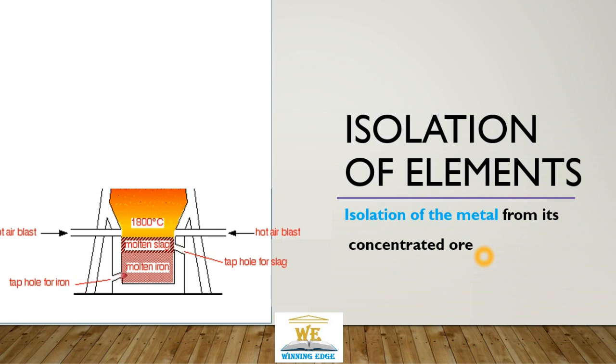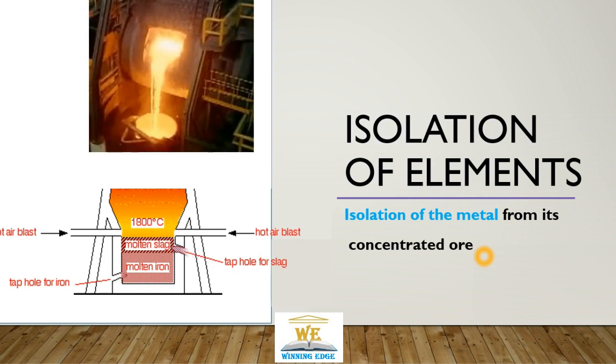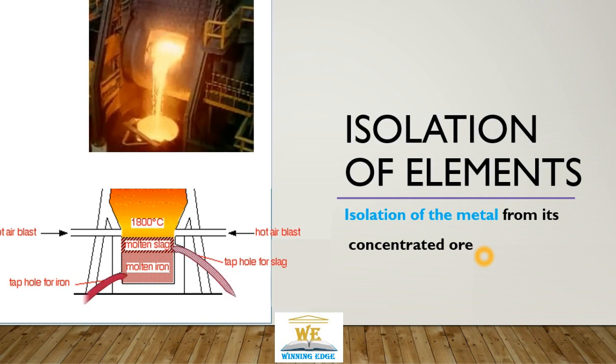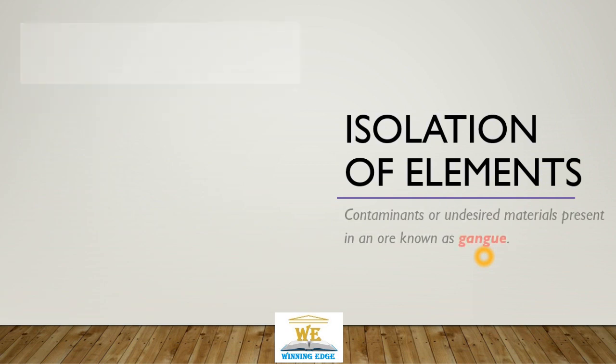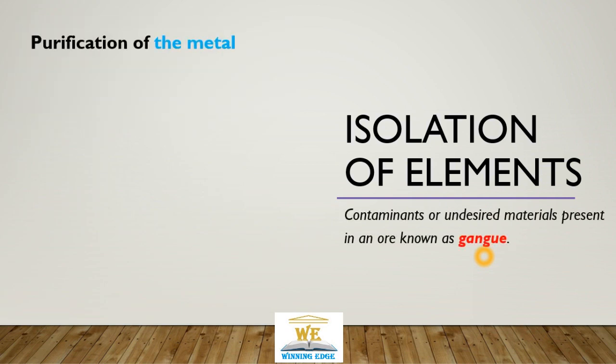The molten iron is collected from the bottom, and slag is ejected, which comes up on the top of it. That's how a furnace works. We have to purify the metals by removing the gangue and undesired impurities from it.